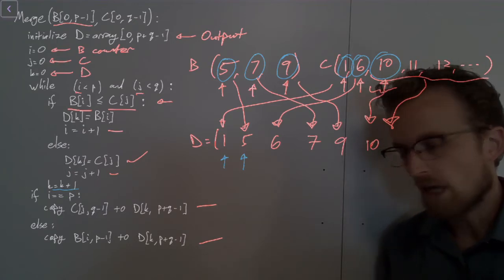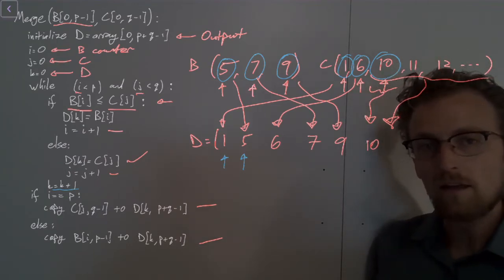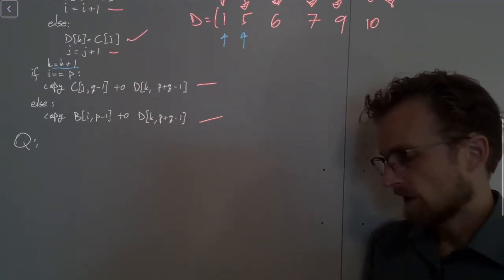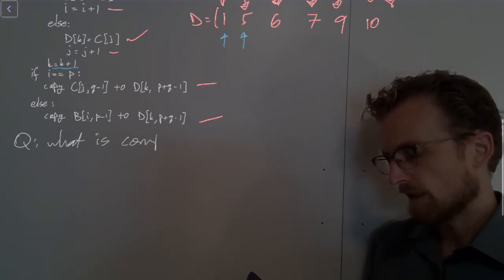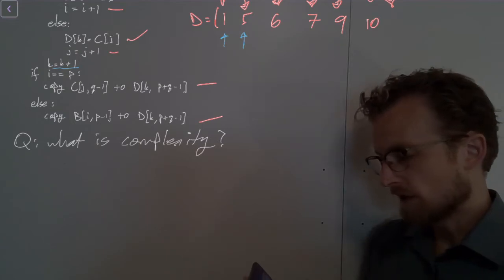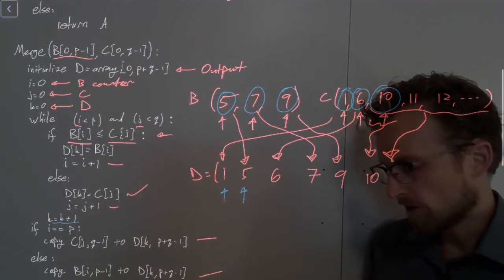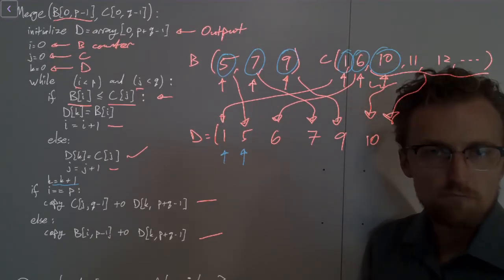Okay, so the question then is, what is the complexity of the merge function? Oh, and notice, I'll just mention this in case it's not obvious, there's no return statement in merge. Merge just does a bunch of stuff and then stops.